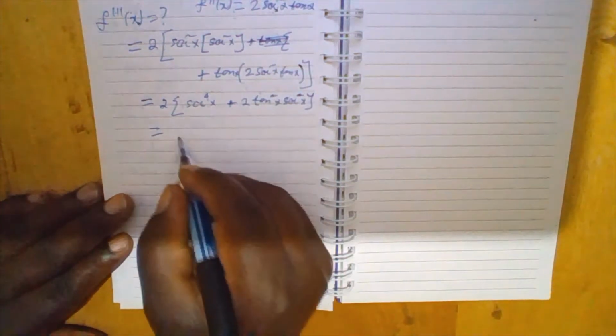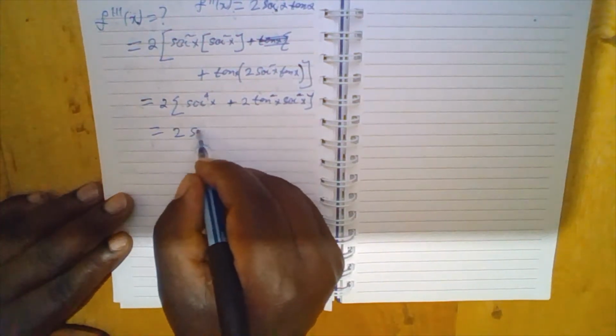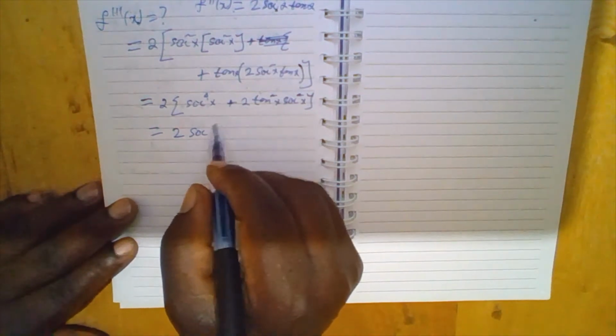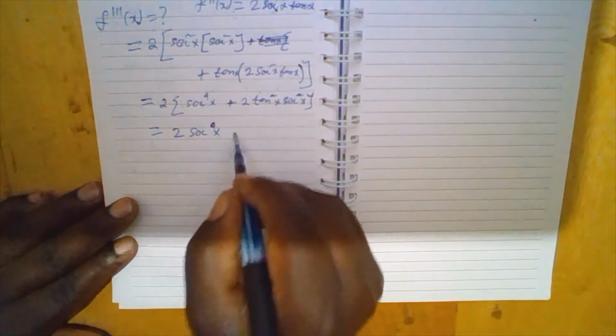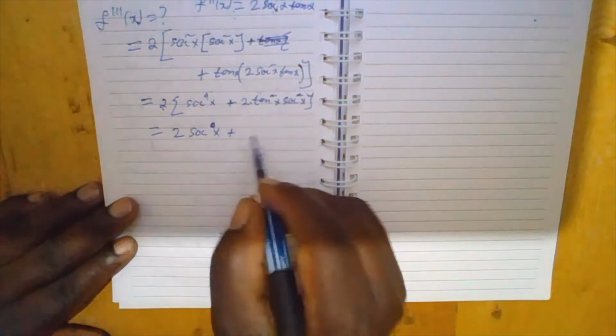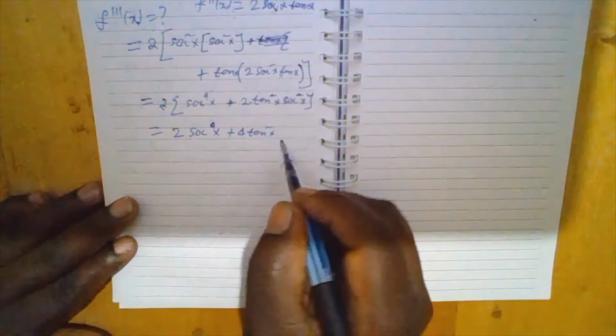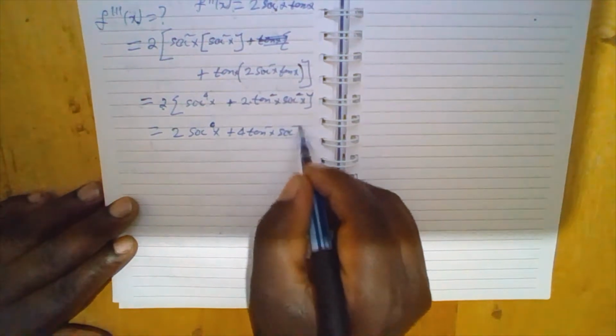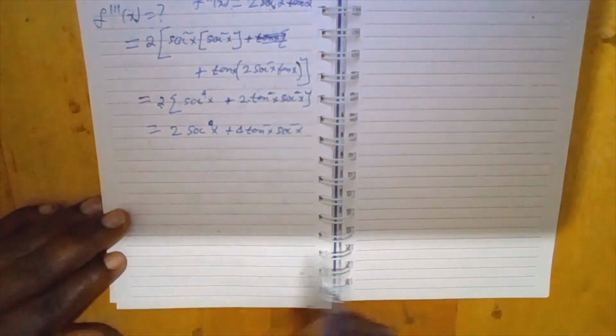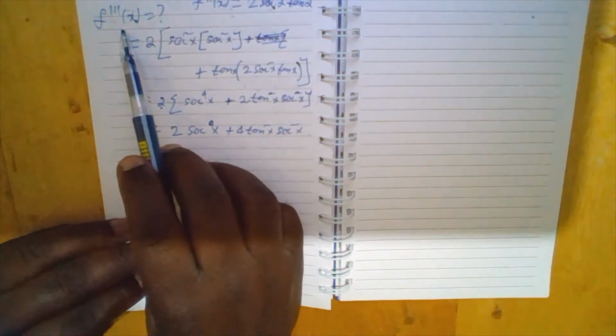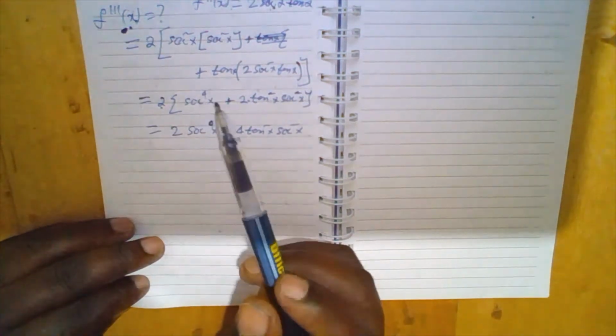When you open the bracket, we have 2 sec x raised to 4 plus 4 tan x squared sec x squared. So this is our f of x triple prime.